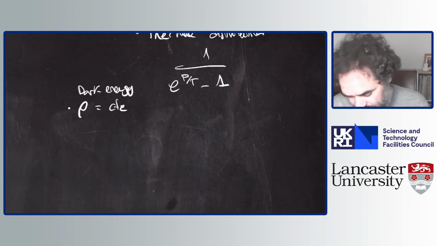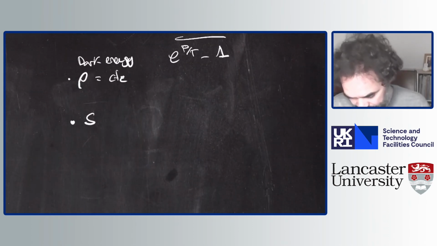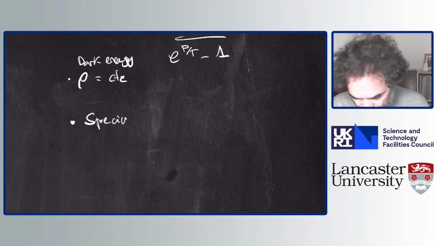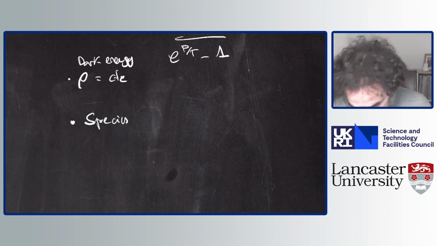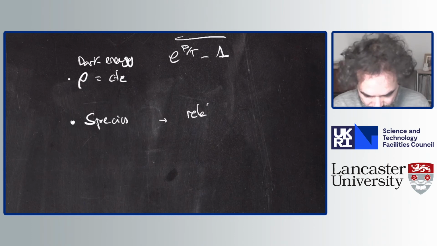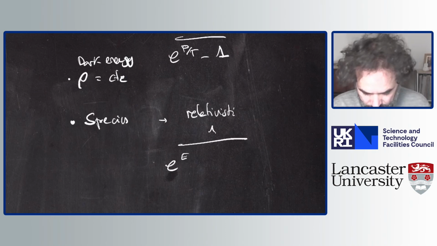And more physically, there are species which are produced at high temperature, so they behave as relativistic, and this is then the typical distribution they have.